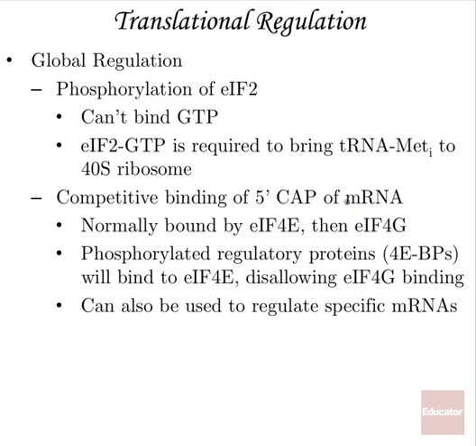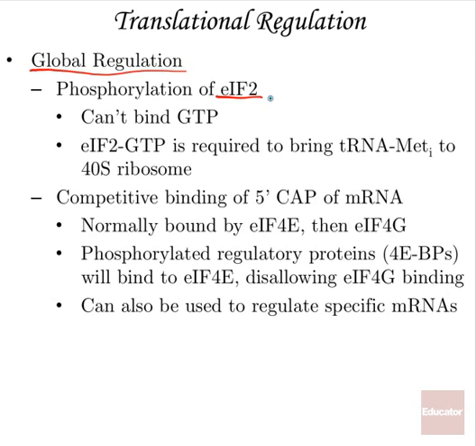So you can have global regulation of translation, meaning you regulate all translation, not specific genes, by phosphorylating the protein EIF2 that we talked about before. This is eukaryotic initiation factor 2.